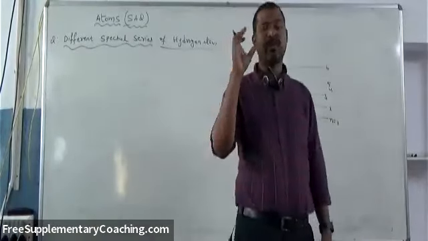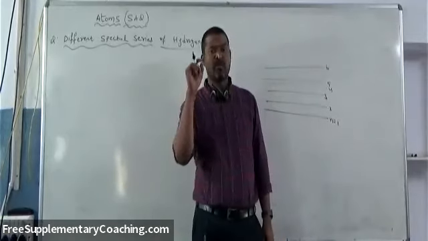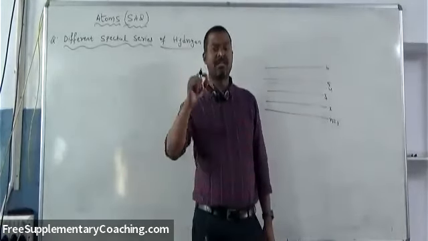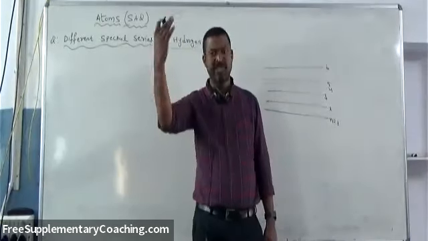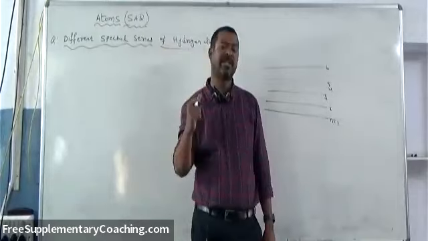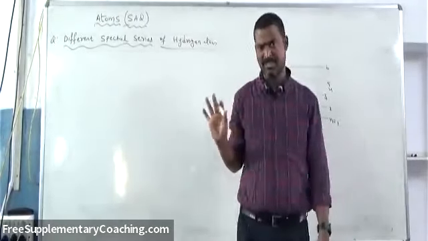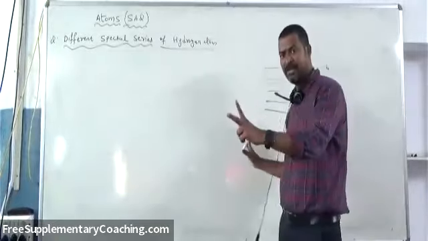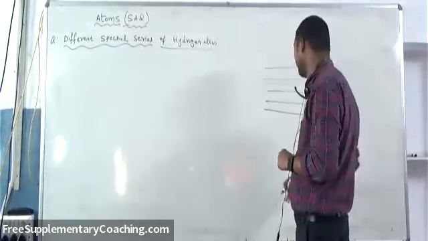What kind of spectral series do we get, and for a particular series, between which energy levels must the electron make the transition? I will explain this first, and after that I will say what points we need to write for the answer, but first listen to the explanation.